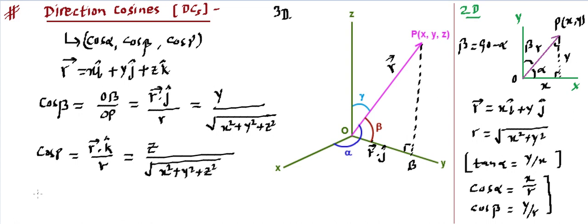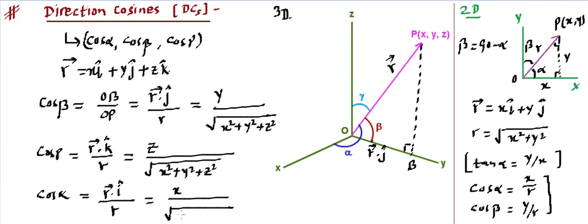And similarly we can find the cos alpha value. Cos alpha is going to be with the x-axis, so it's going to be R dot i cap, basically the x coefficient of that vector divided by the magnitude of that vector. So this becomes x divided by the square root of x square plus y square plus z square.